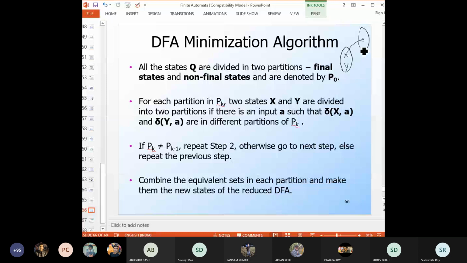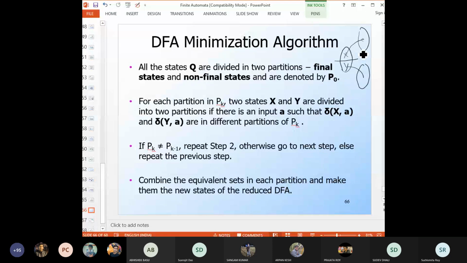But if X and Y go to different partitions for some input character, then X and Y cannot continue to stay in the same partition, and you have to break this partition into two separate partitions. Do you understand what I am saying? So let's read this statement again. For each partition in PK, PK is a partitioning of the states.